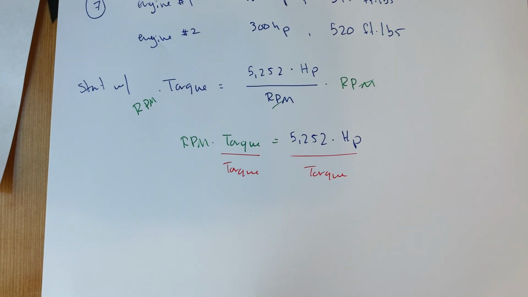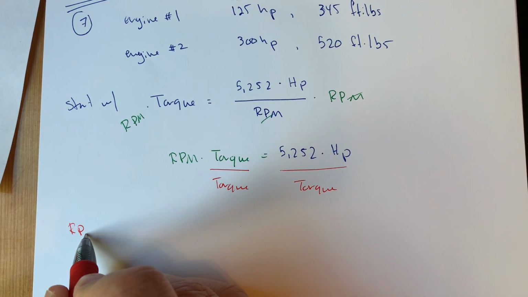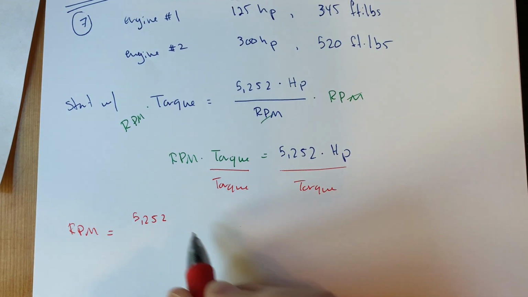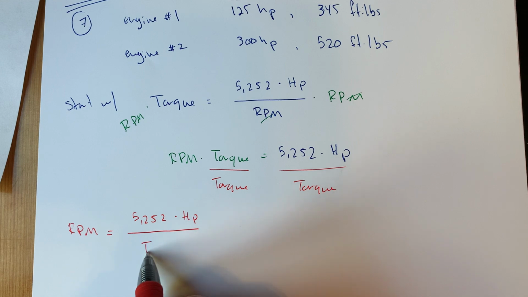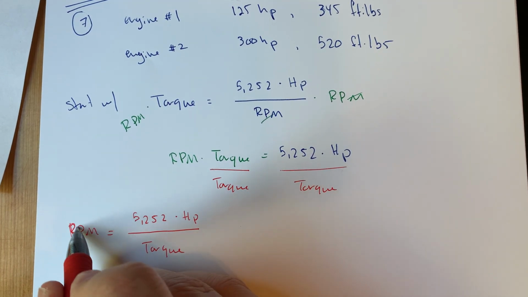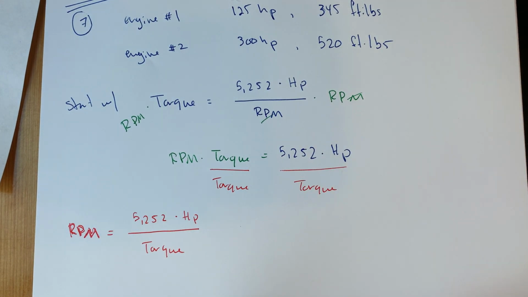So what I get here, right, is a new version of this equation. My RPMs would be 5252 times the horsepower, but divided by the torque instead. In some sense, what's happened here is my RPMs and my torque have essentially flip-flopped. They've changed places.